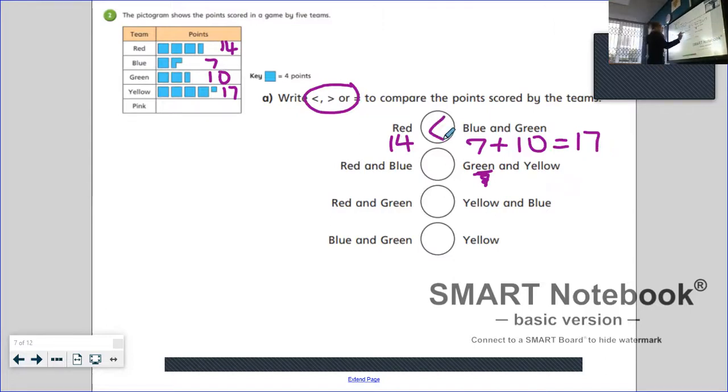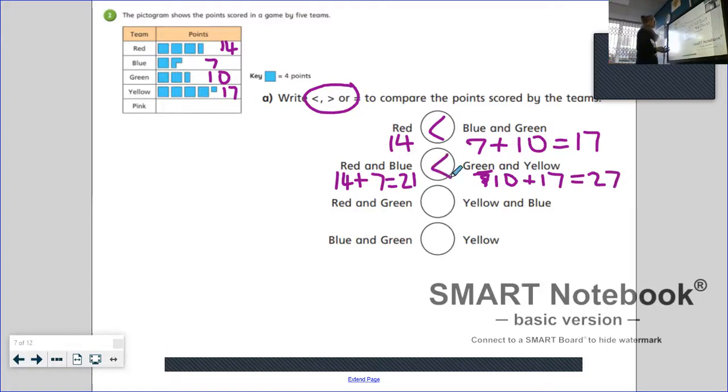Now look at this one, red and blue. So red is 14. And we're adding it to the blue total, which is 7. So 14 add 7 is 21. And then green and yellow, well, green is 10 and yellow is 17. So that is 27. So I can tell that green and yellow is bigger.